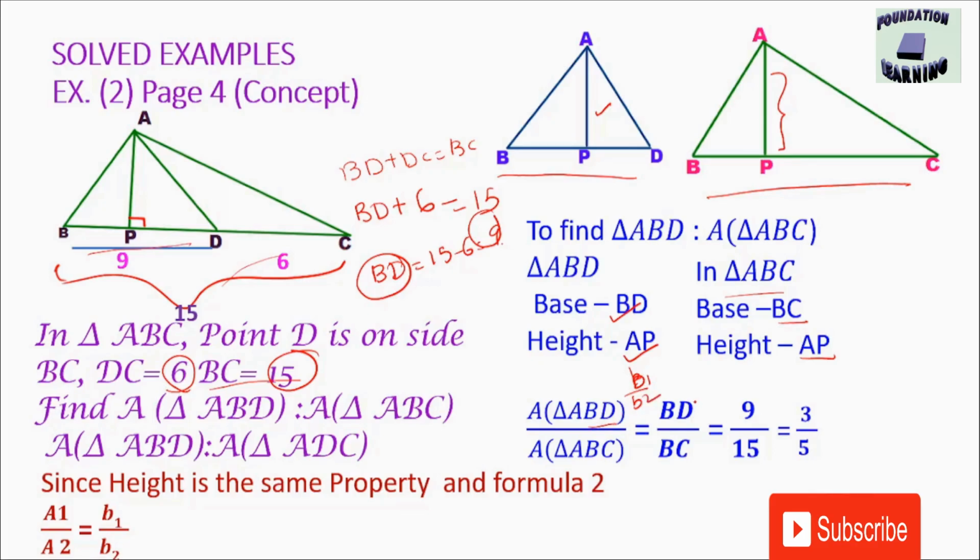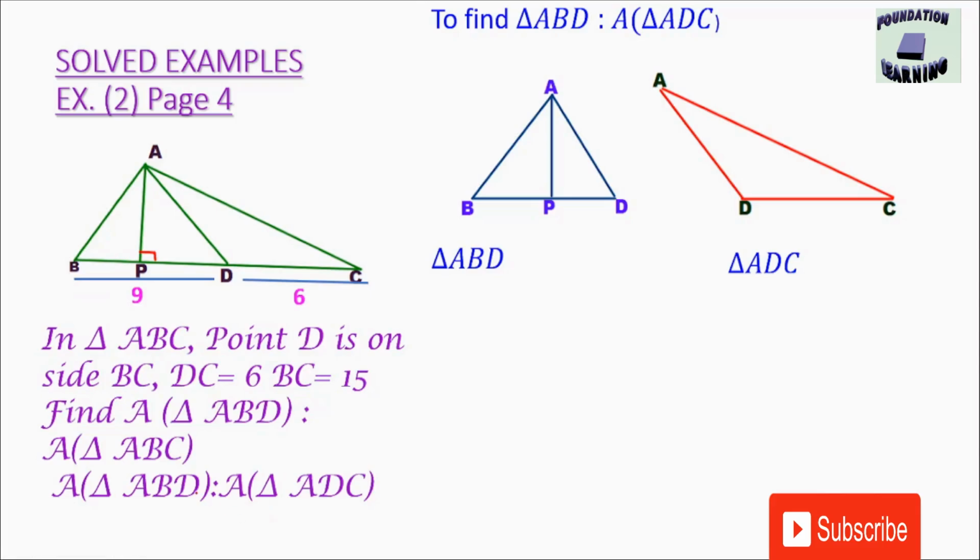So for ABD, what is the base? BD. So we have written BD here, upon B2. What is B2? BC. And what is the BD measurement? We have found here 9, 15 minus 6 is 9. And BC is 15, we have it in the question. After cancellation, the answer we got is 3 upon 5. We have solved the first part of the question, the area of triangle ABD upon the area of triangle ABC.